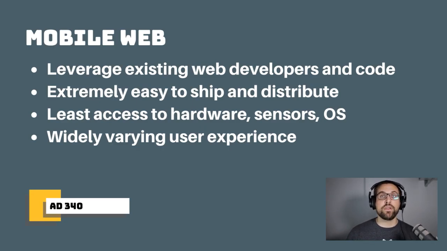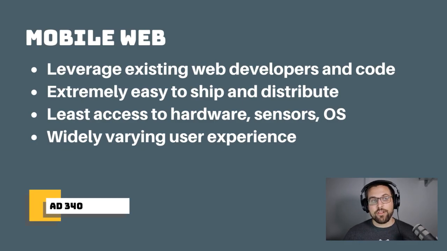So there's less unique code to have to write. It's also extremely fast to ship and distribute web code because you can just deploy it directly to your website or your APIs, anything like that, which means users immediately have access to it. This is in direct contrast with native or cross-platform apps that have to be distributed through the app stores and can sometimes take quite a bit longer.